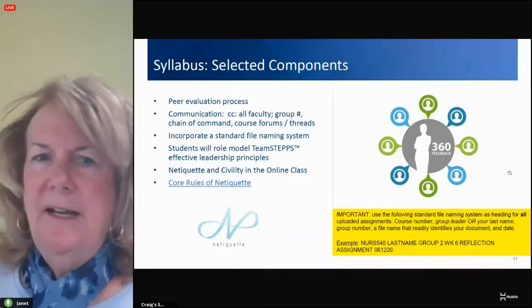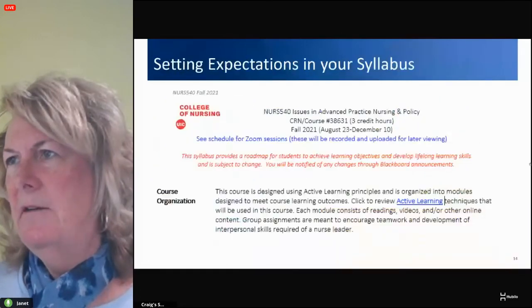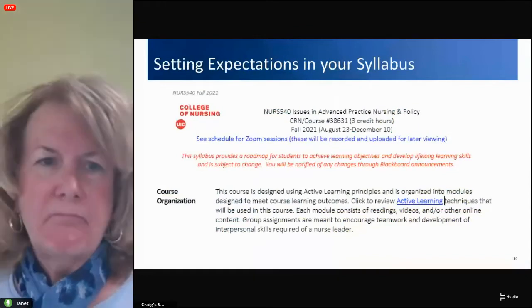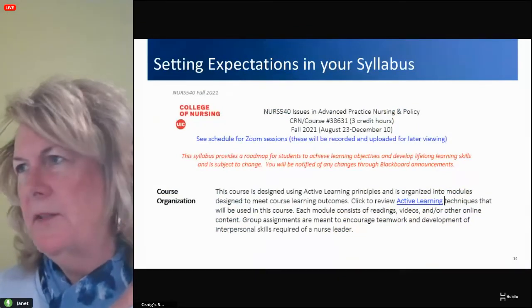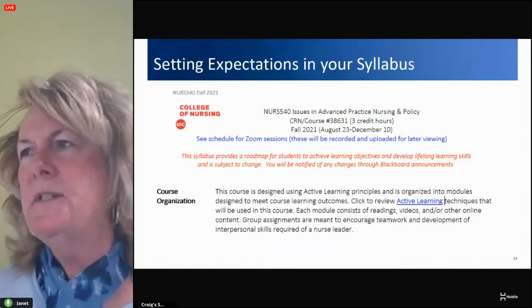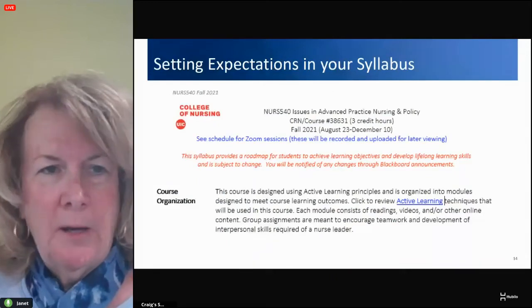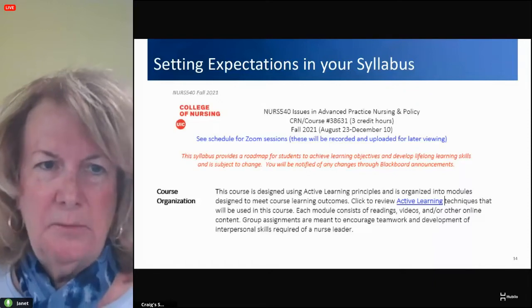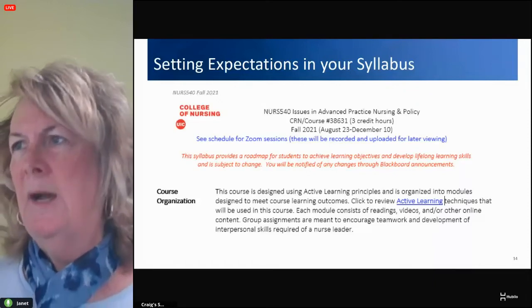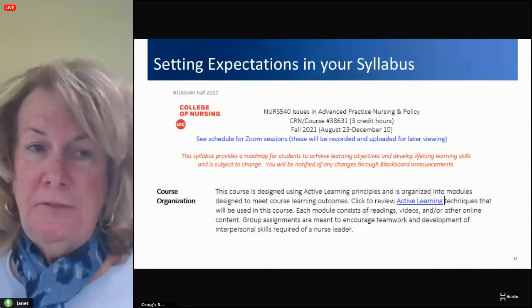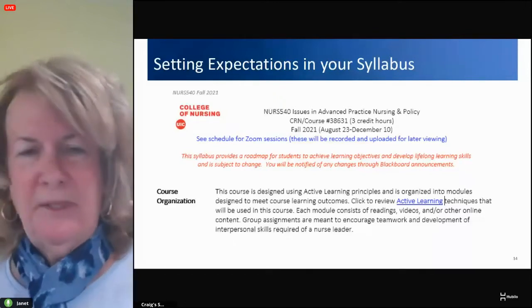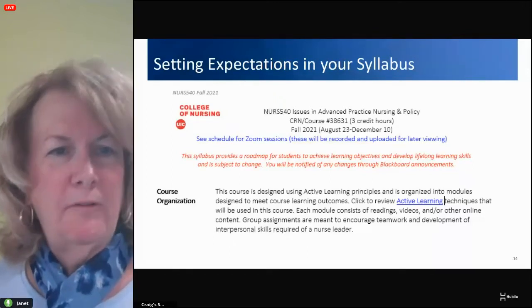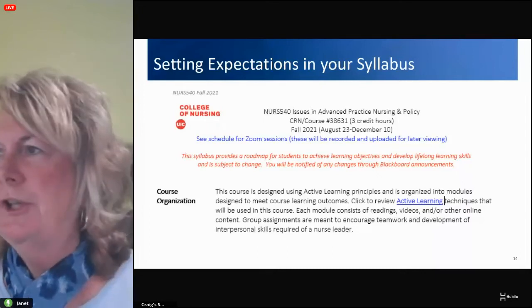So this slide is just a snippet of my first page of my syllabus. And you'll see in red at the top, I always include this statement that this is a roadmap. It's not intended to be like gospel. It's a roadmap to guide you in achieving learning objectives, and it is subject to change, and I'll notify them through Blackboard if I have to make a modification or a change.